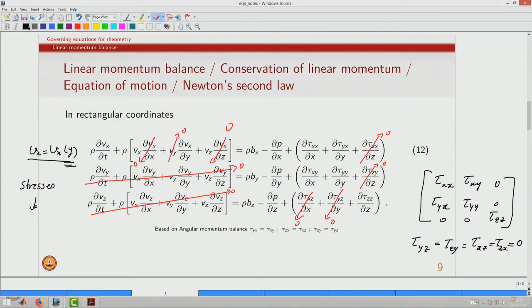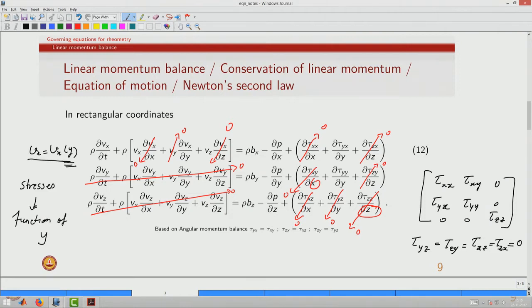So, any derivatives with respect to x and z can be set to 0. This is the derivative with respect to z, so this will also be 0. Similarly, this is the derivative with respect to x, so this will also be 0, and we also have this to be 0.